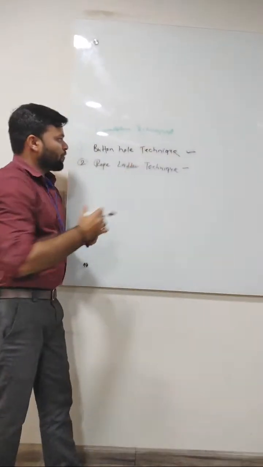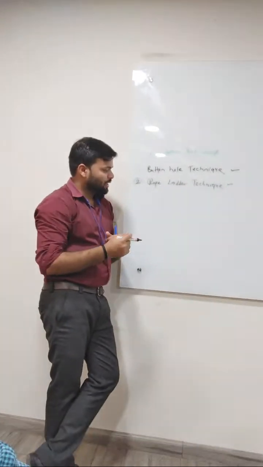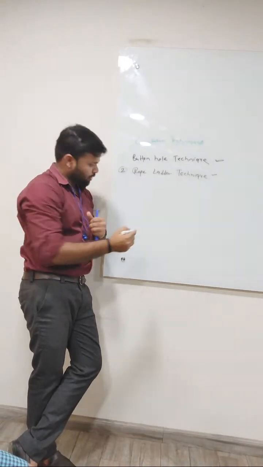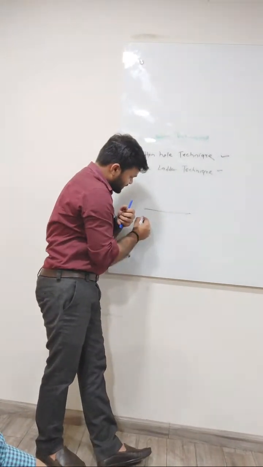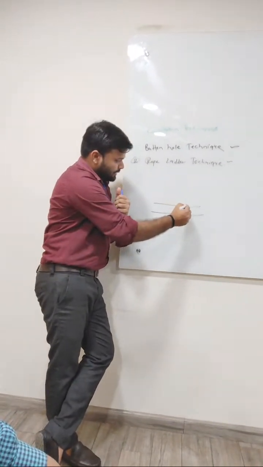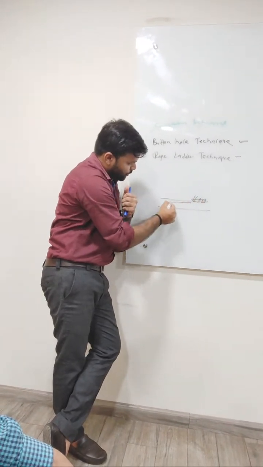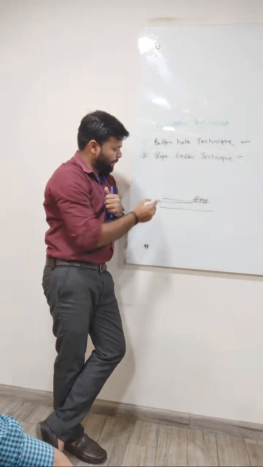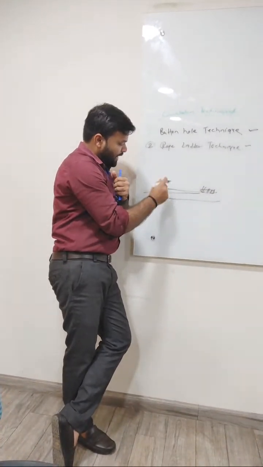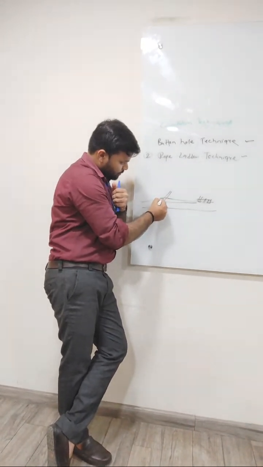Exactly. So the buttonhole technique, as I have already told, means cannulating a patient's fistula at the same place or same point. So let's say this is a patient's arm and this is the radiocephalic fistula. This is the anastomosis that takes place here, and this is the flow direction of the blood in the patient's arm. Now we have made this our cannulation point here.